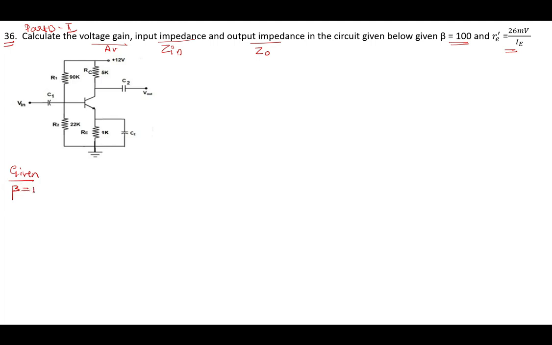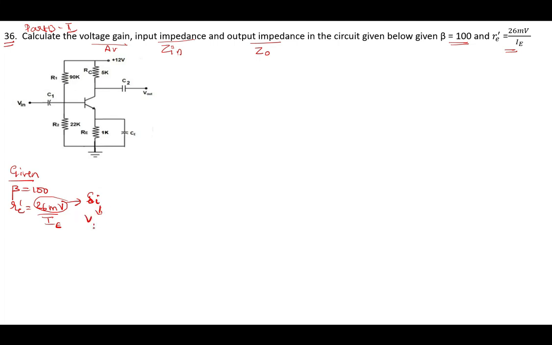First, from the question, let us take beta, that is current gain, is 100. Then RE dash, this is the transistor emitter resistor, is 26 millivolt by IE. The moment we see 26 millivolt, we should understand it is a silicon transistor.